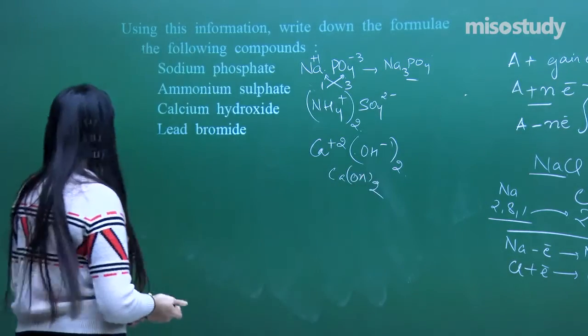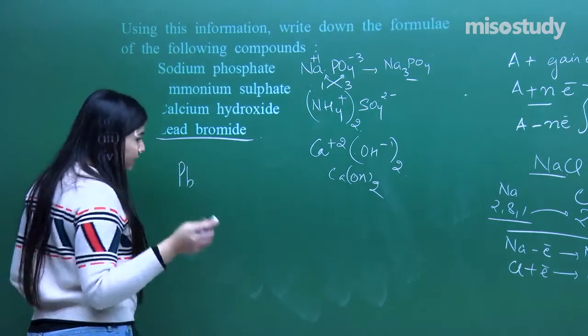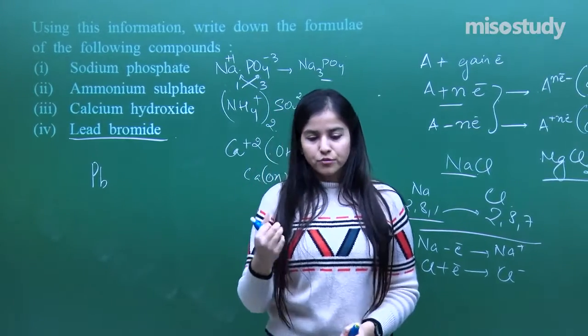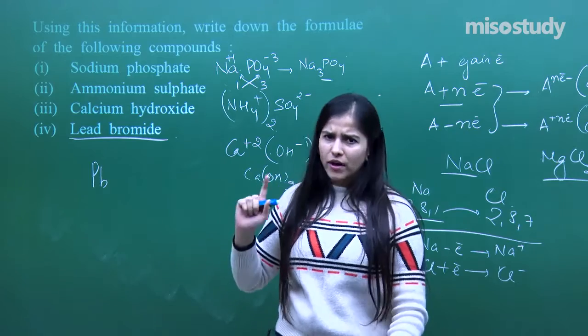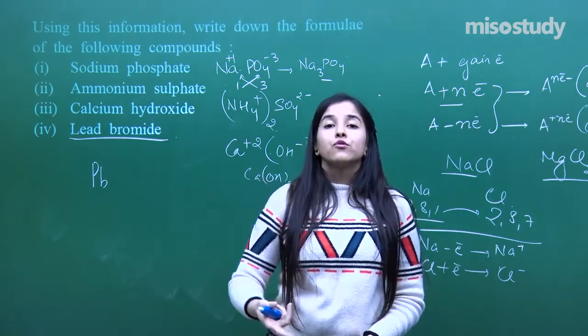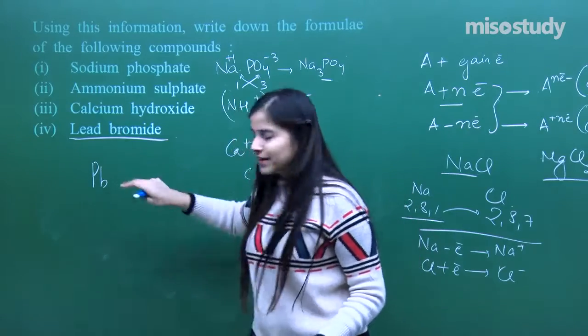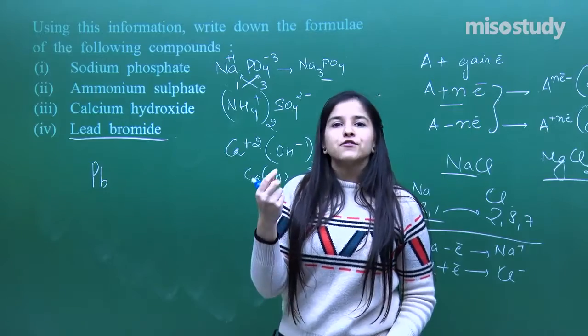Fine. Now lead bromide. What is lead? Pb, and they have actually mentioned, see, in some of the metals, maybe not metals but even in non-metals, what happens is not just one valency, they exhibit more than one valency. So you need to look over here at lead. Lead can be present as +2 or it can be present as +4 as well.